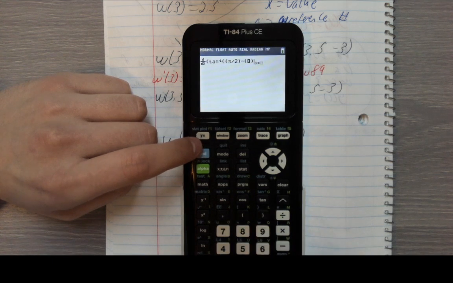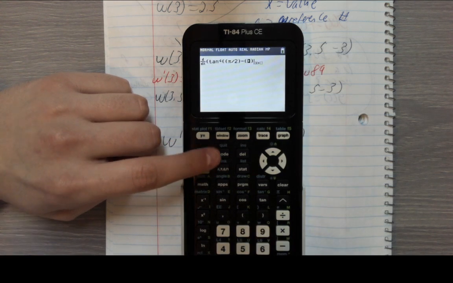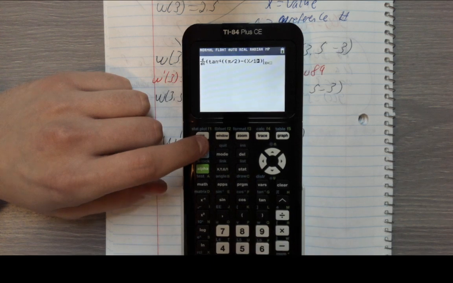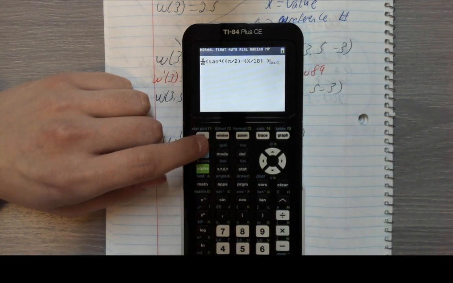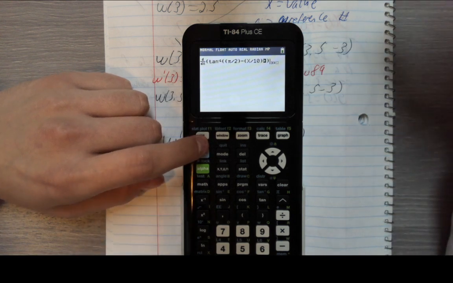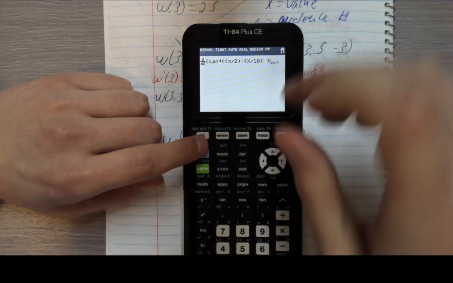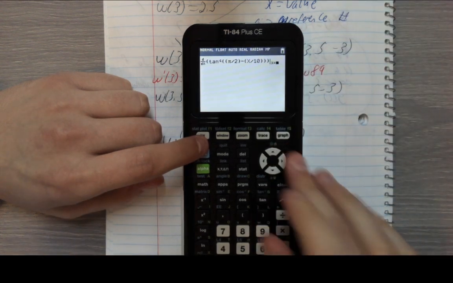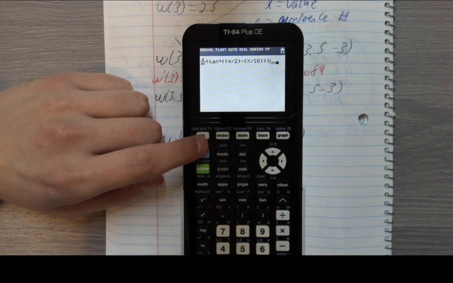In this case it's t over 10, so we use x over 10. Close those parentheses. I'm going to double check all my parentheses and make sure everything that needs to be closed is closed. I think I need to add one more. Okay, that's all good.